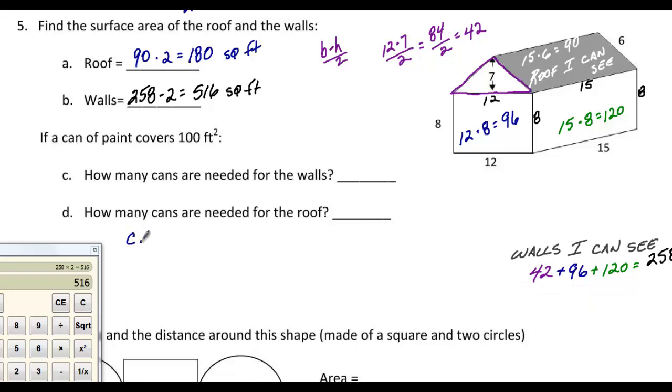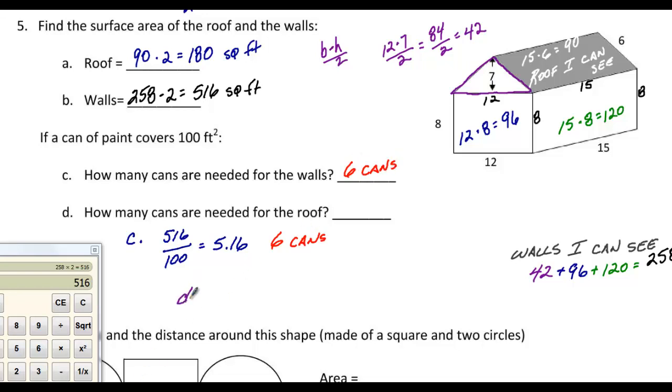And we're ready to do Part C. Cans of paint needed for the walls. Well, the walls have 516 square feet. Each can covers 100. Dividing by 100 is 5.16. And since I can't buy partials, I need 6 cans for the walls.